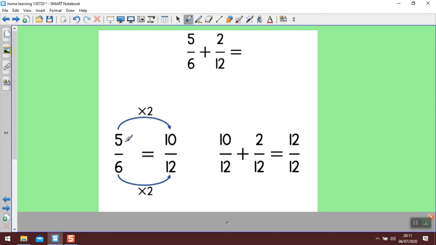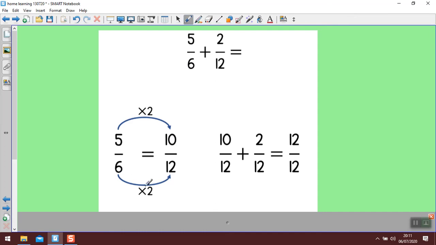Okay, so what I can do without having to draw anything now is multiply the numerator and multiply the denominator to find a common denominator, an equivalent fraction. So I know that 6 is a factor of 12, or 12 is a multiple of 6. So I can get this fraction into twelfths.